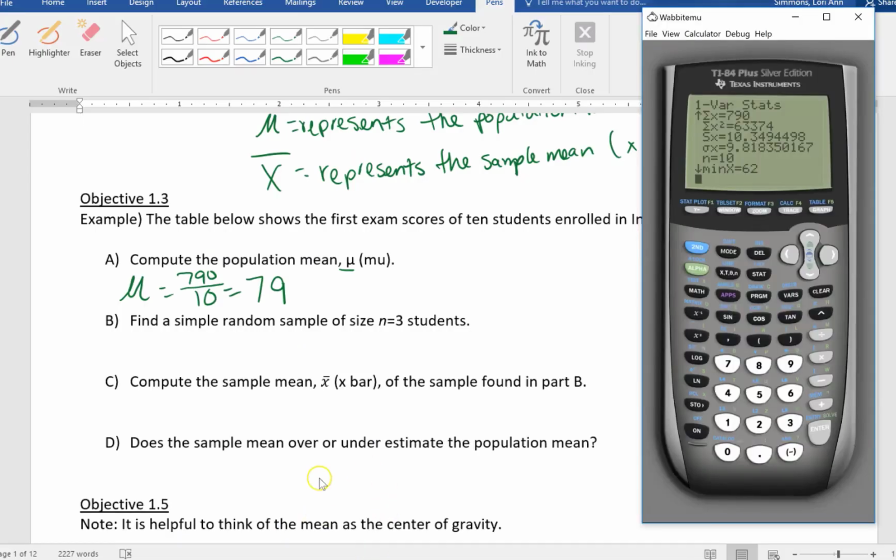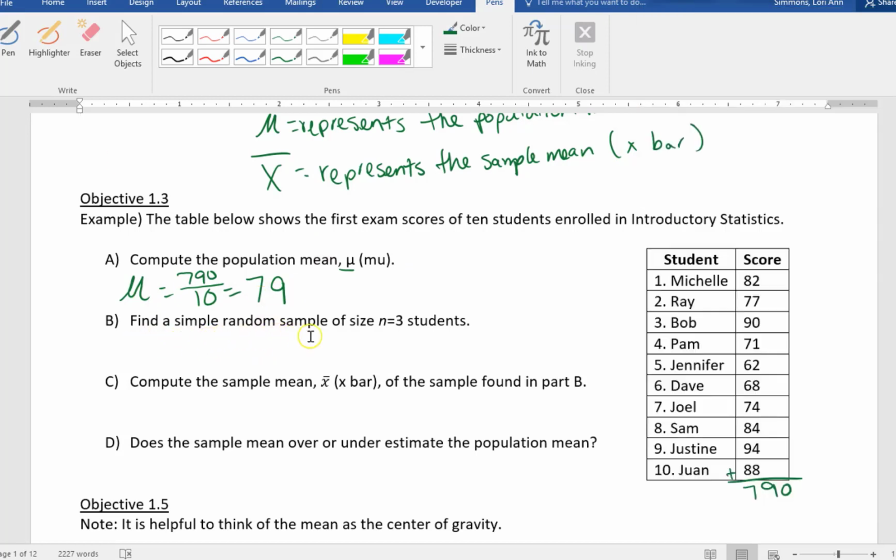So let's go back to computing the mean. Notice the calculator only has x bar. The calculator does not know if it's a sample or population, so it's always going to assume it's a sample. So you're going to have to decide whether it is a population or a sample, and then determine what symbol to use. You can see 79 matches up with what we found.